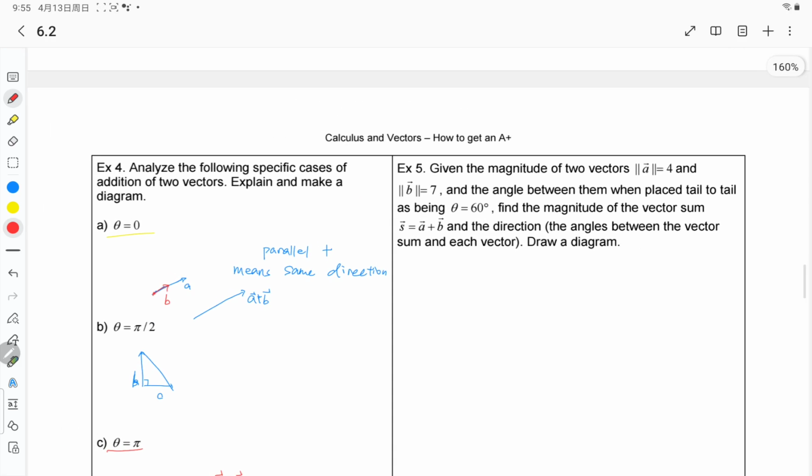And example 5: given the magnitudes of two vectors, the angle between them when placed tail to tail, see this wording, tail to tail, being 60 degrees.